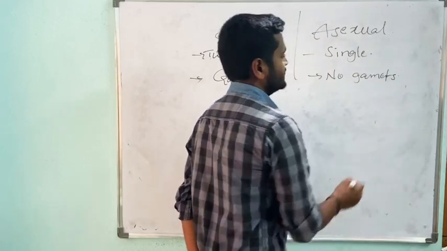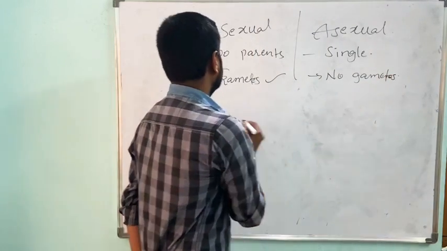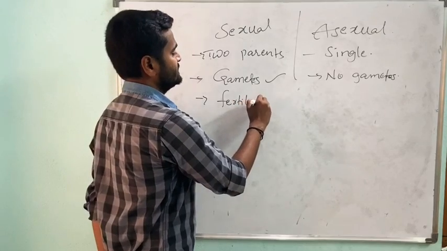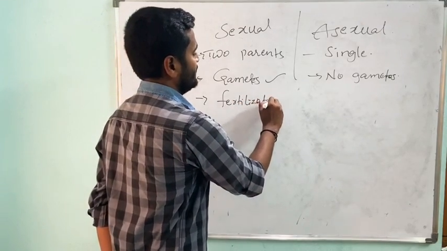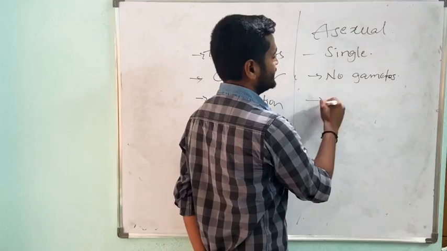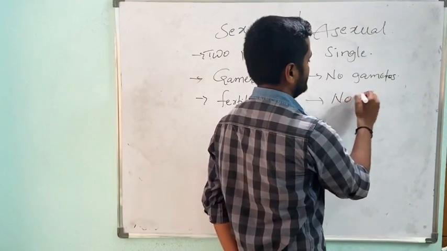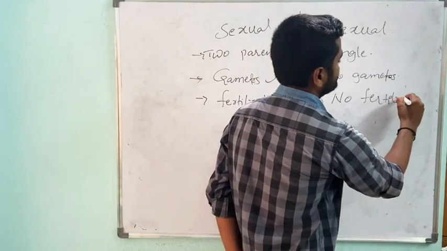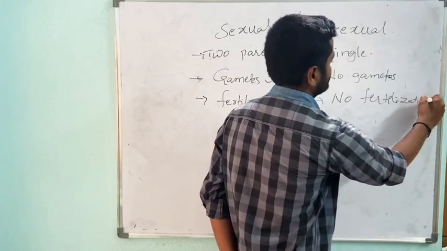In asexual reproduction, no gametes are formed. In sexual reproduction, fertilization of gametes takes place. Obviously in asexual reproduction there are no gametes, so no fertilization process takes place.